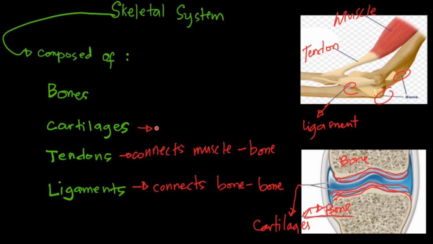It is a connective tissue that covers the ends of the bones. These are the basic compositions of your skeletal system. Just bear in mind we have your bones, cartilages, tendons, and the ligaments.